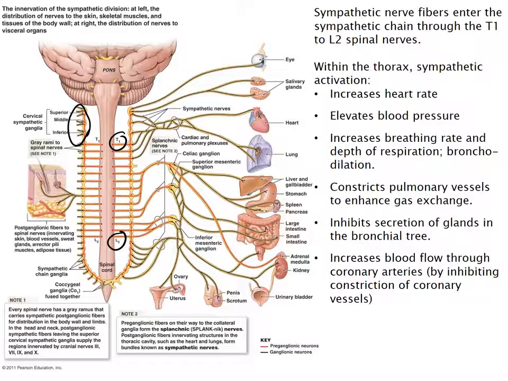And to get more oxygen to your muscles, your breathing rate and depth of respiration will increase as well. In addition, bronchodilation will occur to increase the volume of gas exchange in the lungs. By remembering this simple example, it will help you to remember the key stimulatory effects that sympathetics have on both the heart and the lungs.